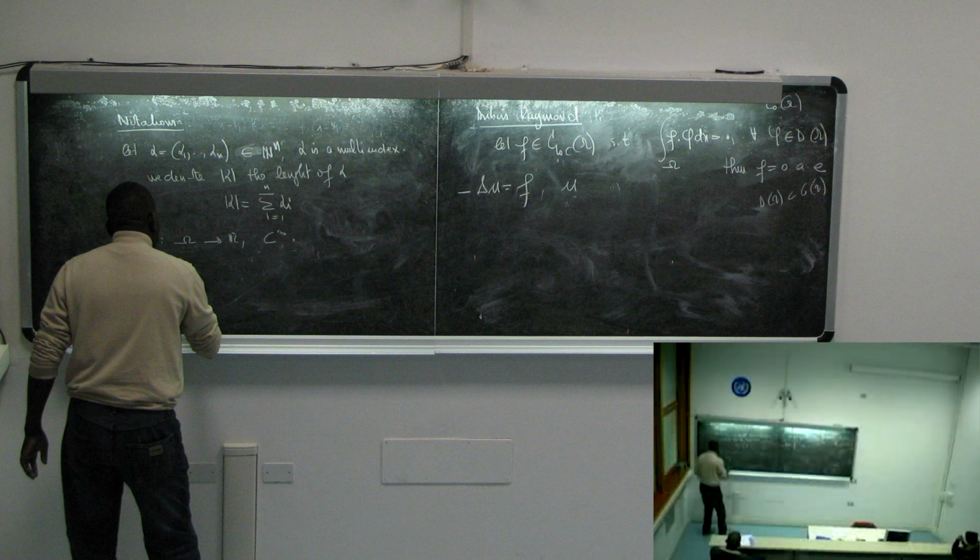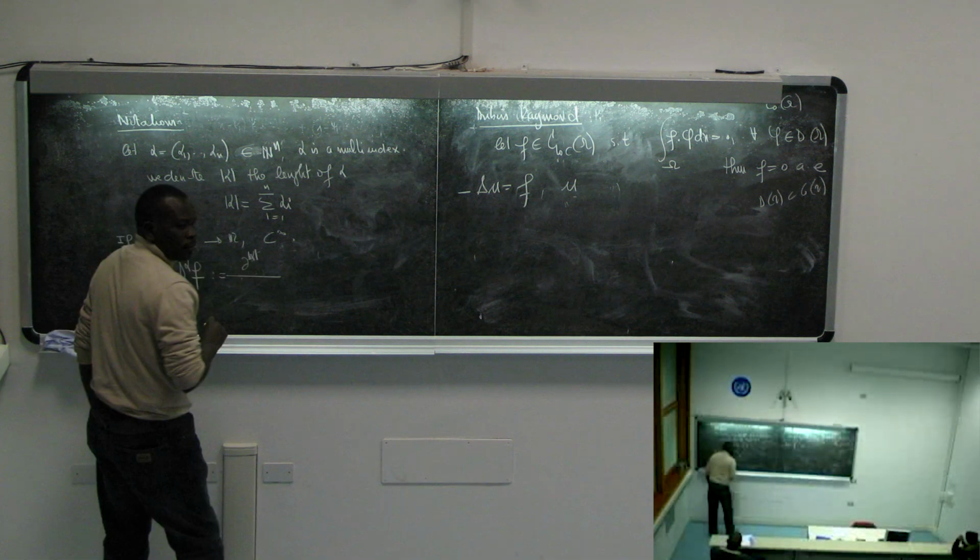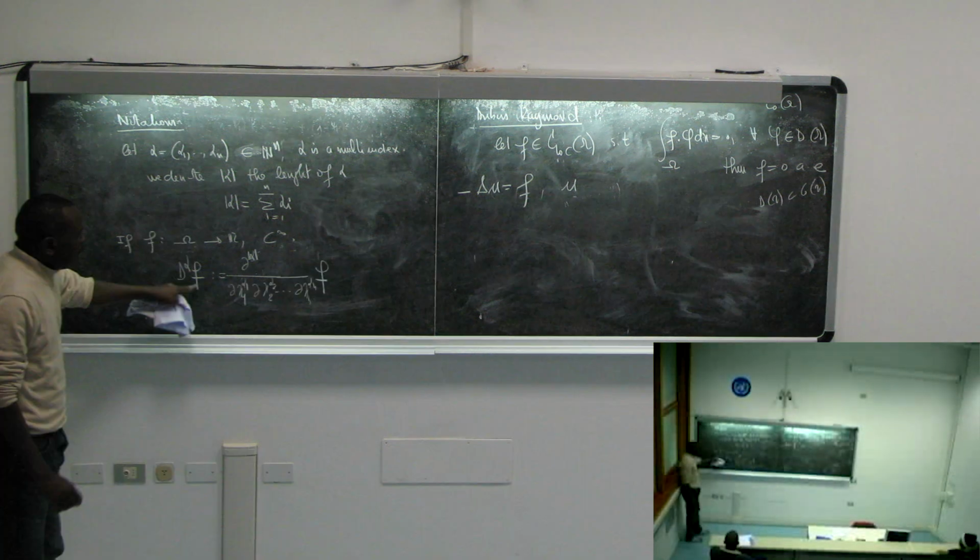This notation, D^alpha of f, is by definition the derivative of order |alpha|, that is, d^|alpha| over dx_1^alpha_1, dx_2^alpha_2, and so on, dx_n^alpha_n of f. This is the notation of D^alpha.